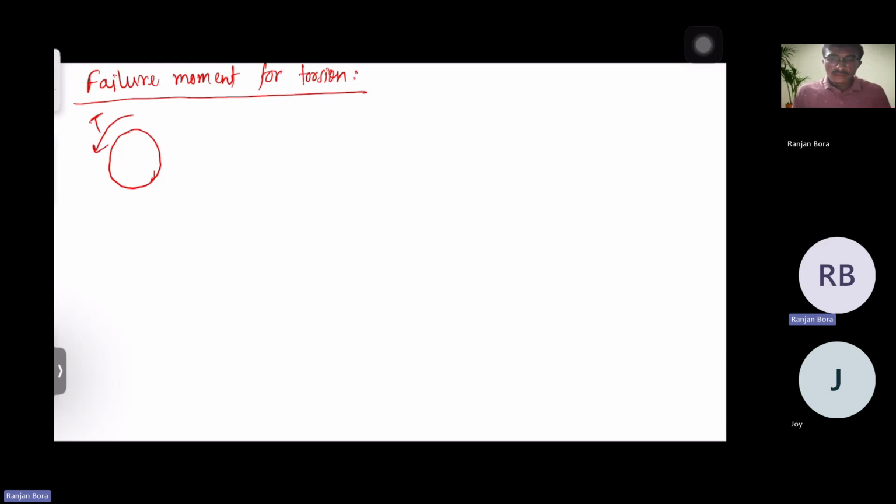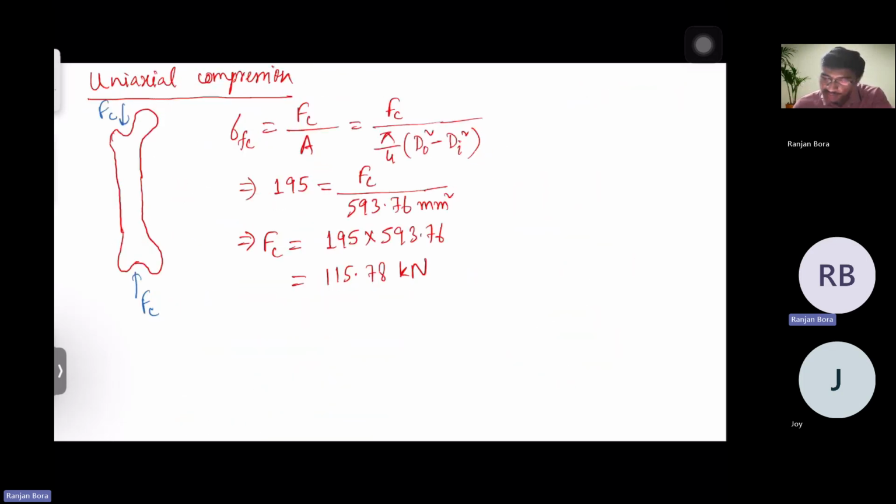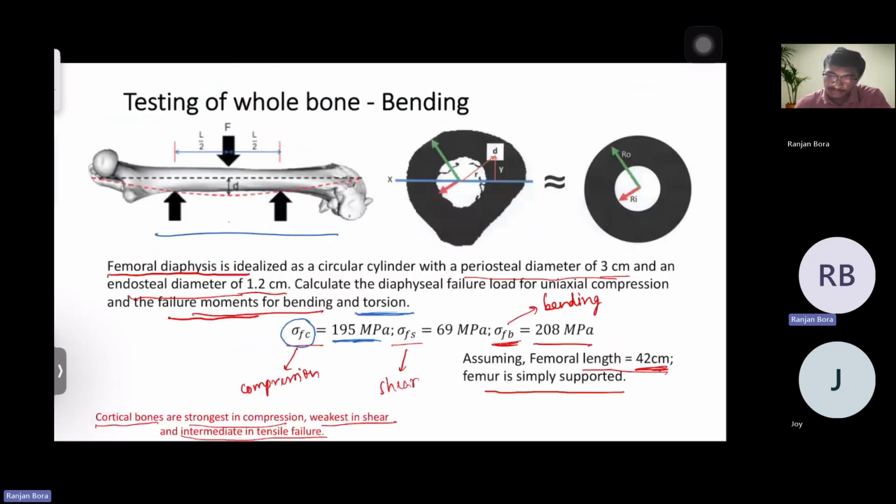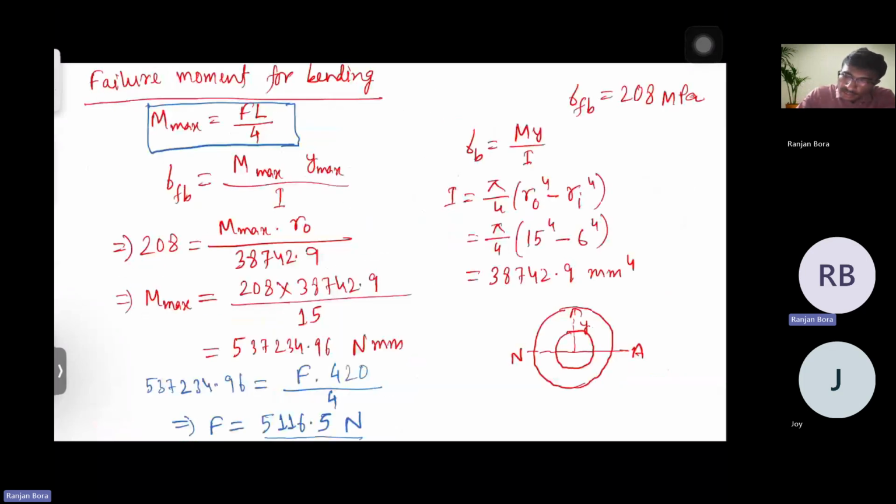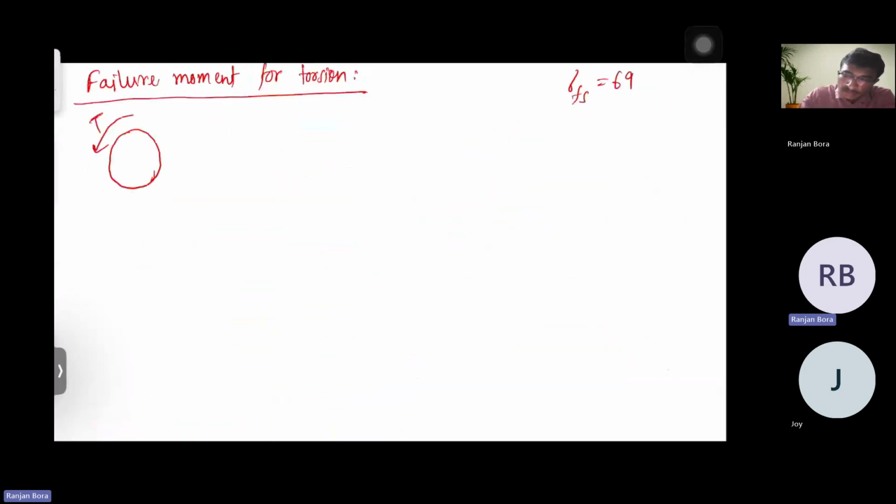Now we need to check the maximum torque that can be applied in this bone for the given failure stress in torsion. The failure stress in shear is given 69 megapascal, sigma Fs equal to 69 megapascal.